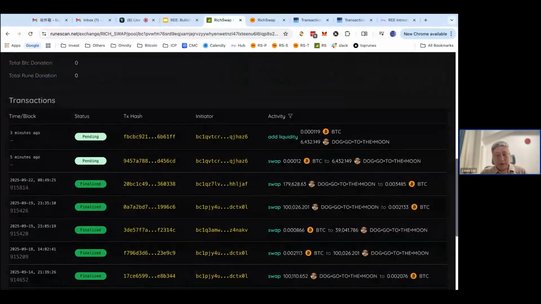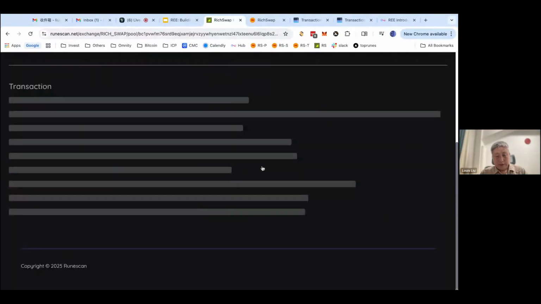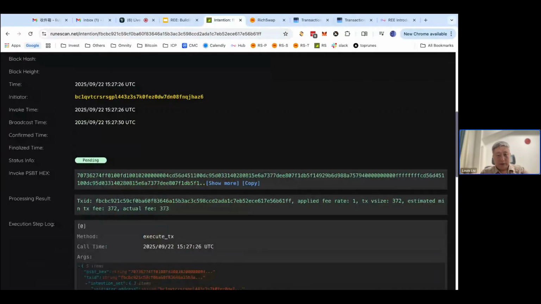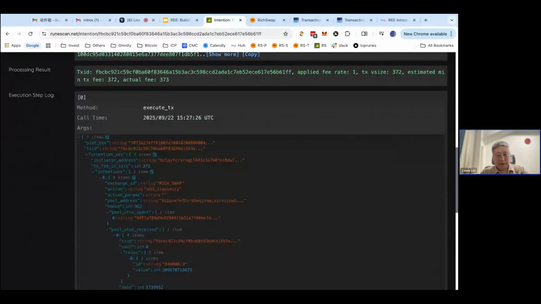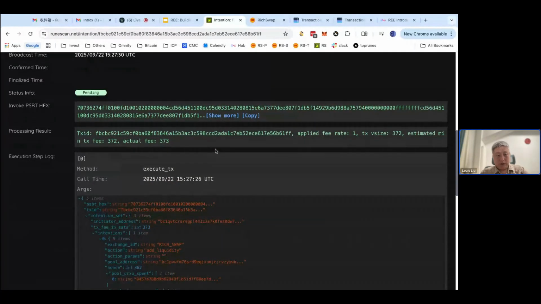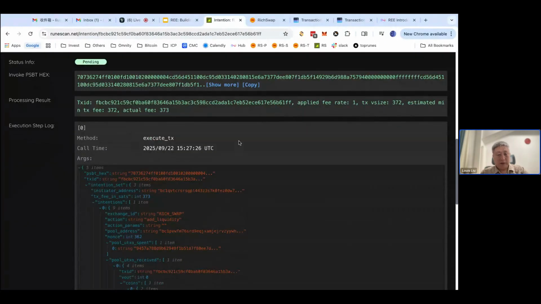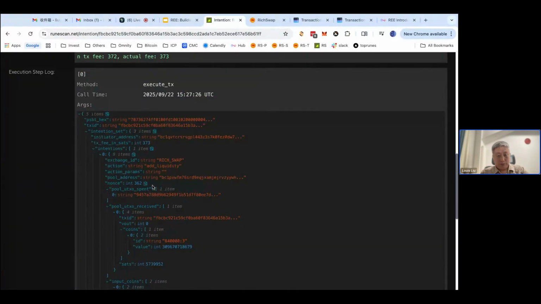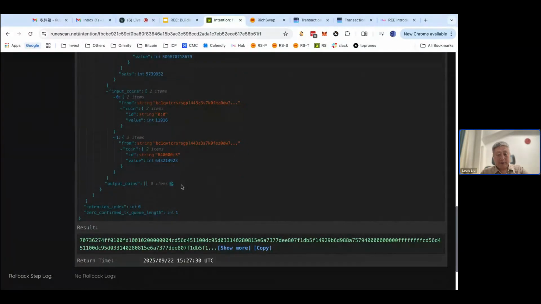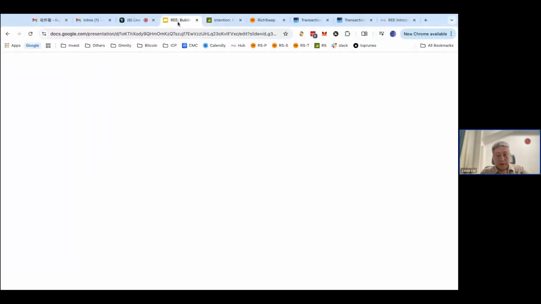Inside the detail page, you can find the details of this transaction: the PSBT, the result, the fee level, and the parameters that come along with this transaction. Okay, let's go back to the slides.